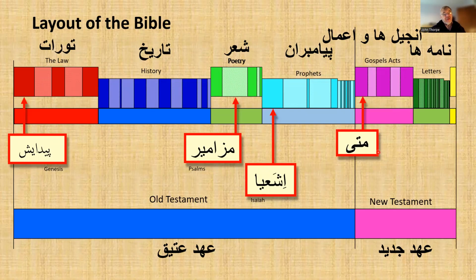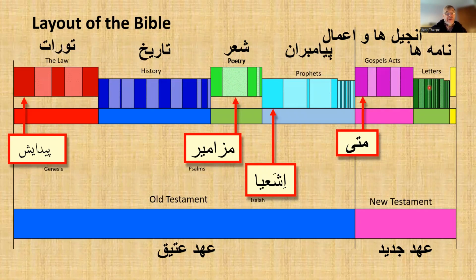And there's also another book at the end of the Gospels, which is Amal Rasulan, the Acts of the Apostles, and that described what Jesus' followers did immediately after he had gone to heaven.